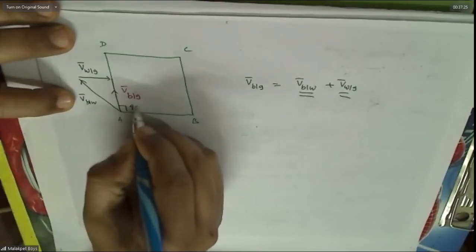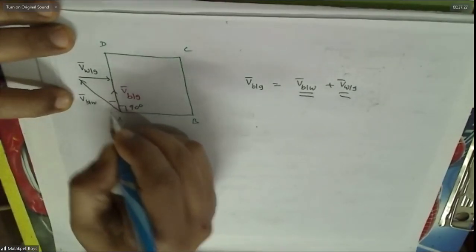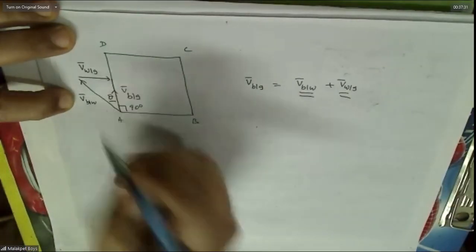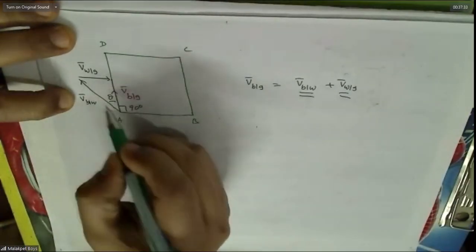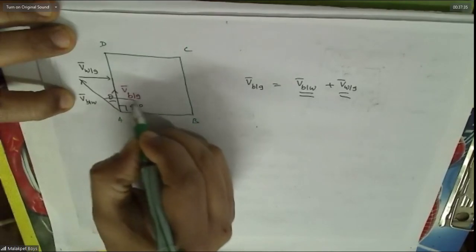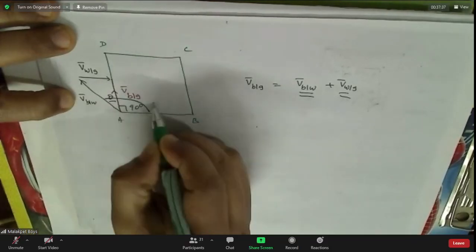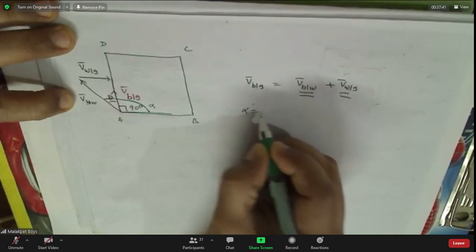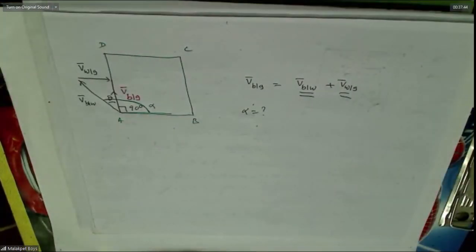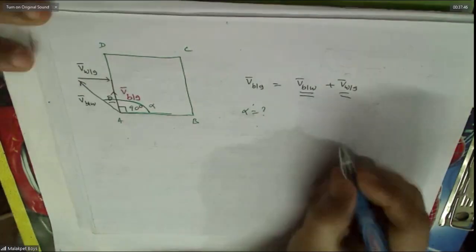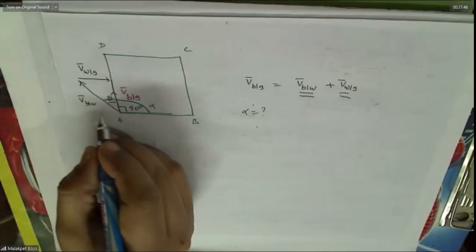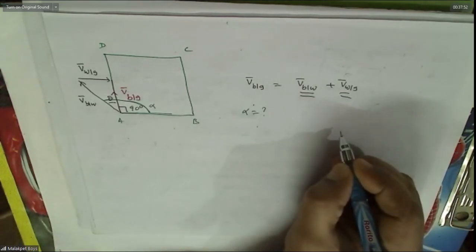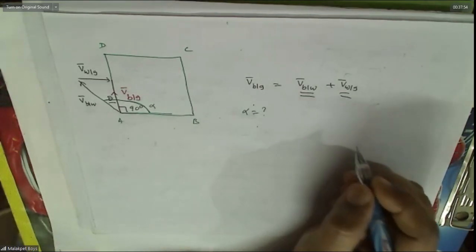Yes, sir. Now suppose this is some theta, for example. Now we need this angle. What is asked? We need this alpha. With the wind, he is asking. He is asking the direction of the velocity of the bird with respect to wind, with the direction of the wind. That is what he is asking. Understood, or not? Clear?